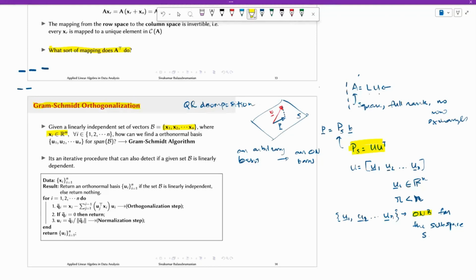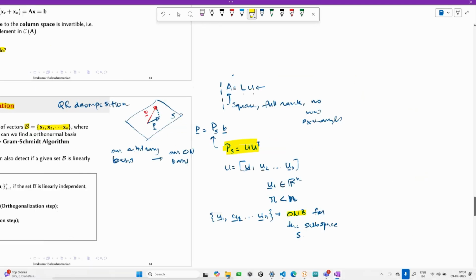Because this is a basis, this is also a linearly independent set. Okay. That's the definition of a basis. Now, we want to convert this basis into an orthonormal basis whose span is also the span of the original basis. That means it's a basis for the same subspace. And the procedure for this is very simple.